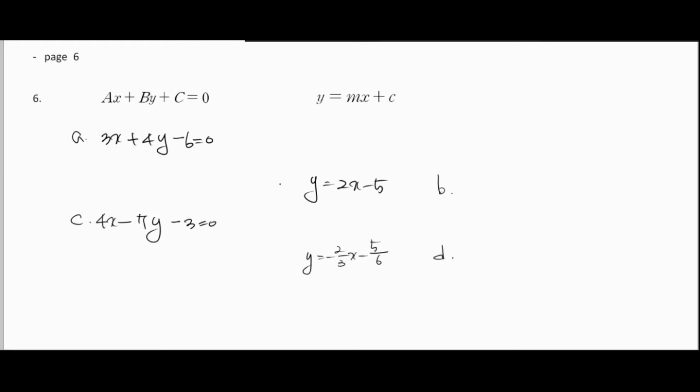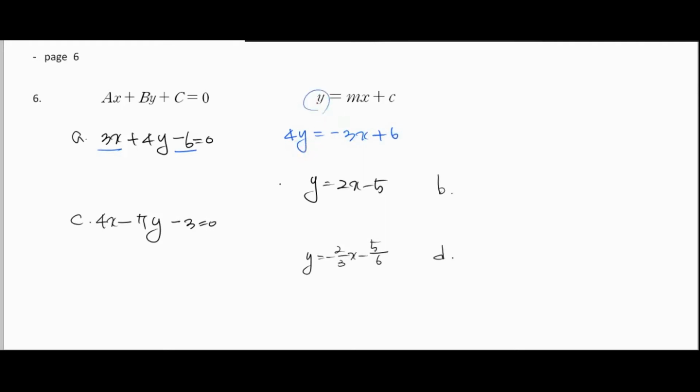This is question 6. It's also pretty simple. Here's one form, ax plus by plus c equals 0, and the other form, y equals mx plus c. So we should just change between these two forms. Let's start with a. The 4y stays here, 4y equals 3x minus 6 goes over, minus 3x plus 6.